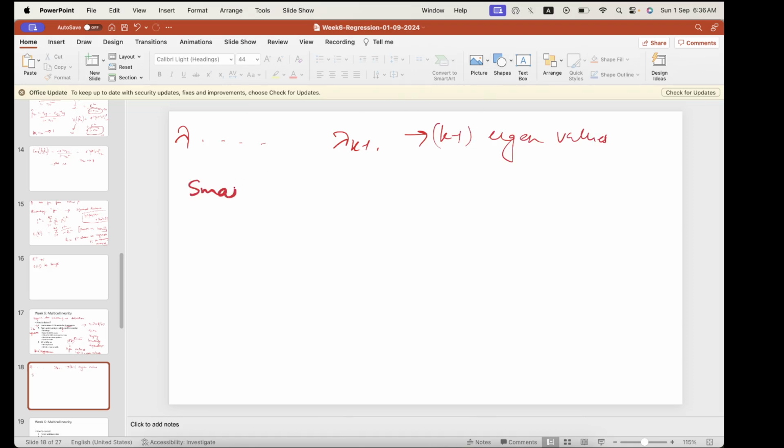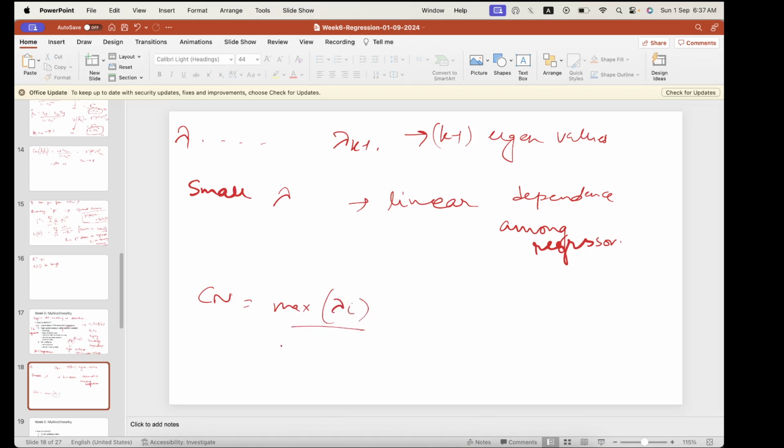Since small eigenvalues, small lambdas, indicate linear dependence among regressors, the condition number will be the maximum of these lambda i's divided by the minimum of these lambda i's.